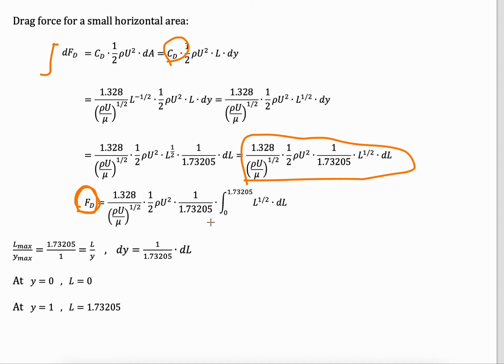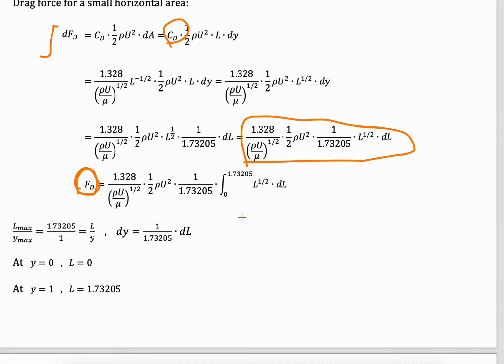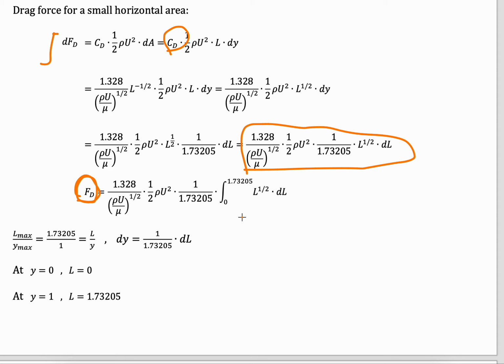If you do it here, the value of dy needs to be changed. The idea is that L maximum is 1.73 and Y max is equal to 1, so Y is equal to L over 1.73.